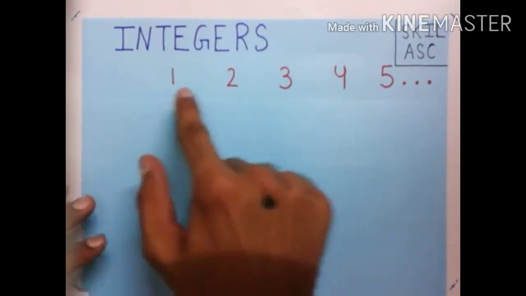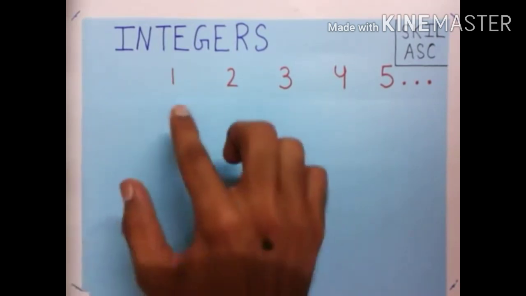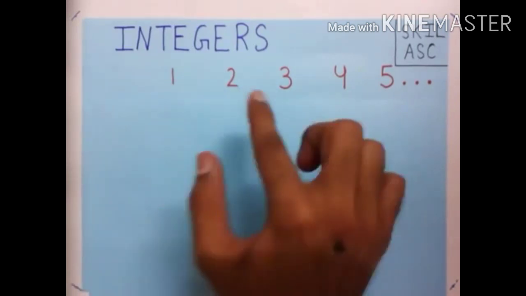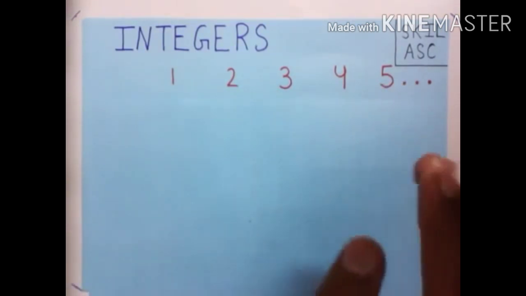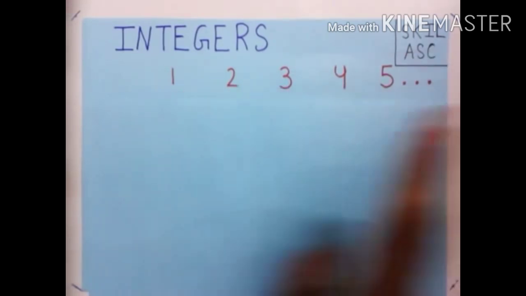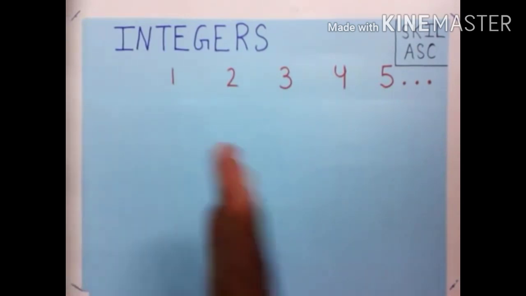You use 1, 2, 3, 4 while counting. These numbers are 1, 2, 3, 4, 5, 6, 7, 8, 9, 10, 11, 12, 13 and so on. These are the numbers which help us while counting.